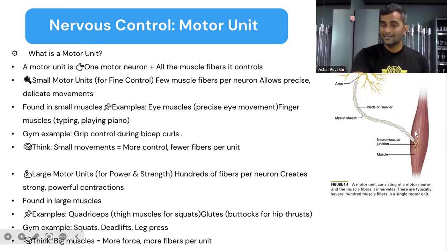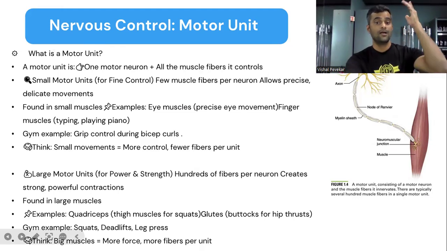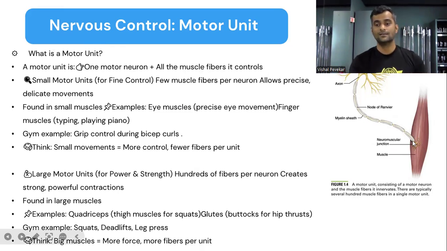So what you see here in this image is your muscle fiber, and this is your neuron, which helps communicate from the brain to the body, but then there has to be a connection, and this connection is very important. This connection is called the neuromuscular junction. This is where all the exchange is going to happen, right?